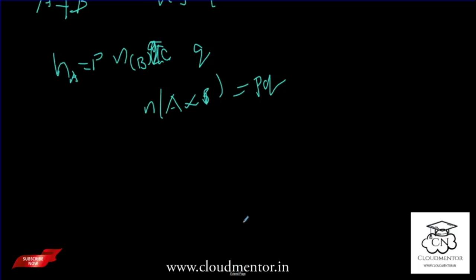Now the third point: if A is equal to the null set, or B is equal to the null set, then A cross B will surely be the null set.